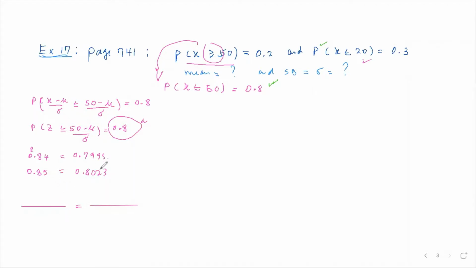So you get the high minus low, right? So this one is 0.8023 minus 0.7995. Okay, this is a ratio, right?